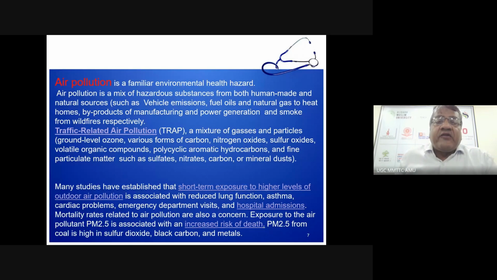So we come to the first one, air pollution. What is air pollution, and what is its effect on health? Air pollution is a familiar environmental health hazard.